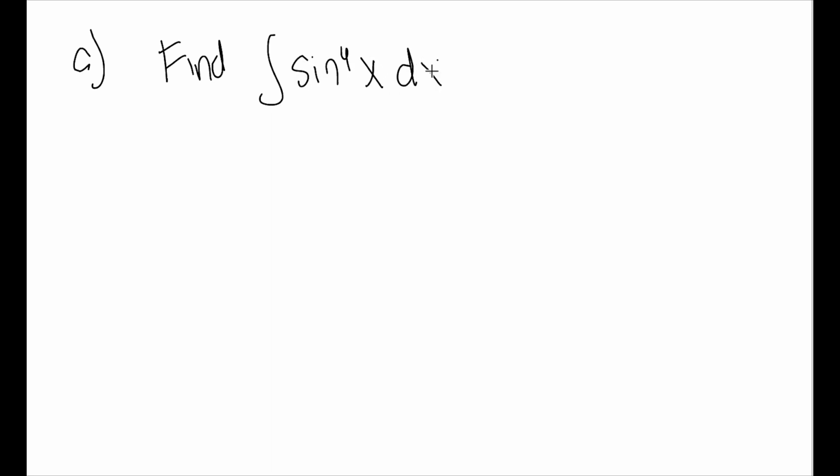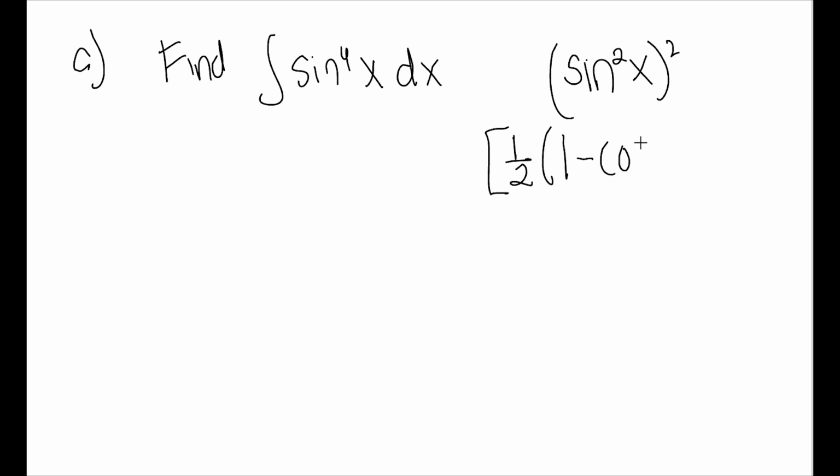Another third example on this part would be find the integral of sine to the fourth x dx. Well, sine to the fourth we don't know, but we can do sine squared x squared. Sine squared x equals 1/2 times 1 minus cosine 2x, and we can square this whole thing.